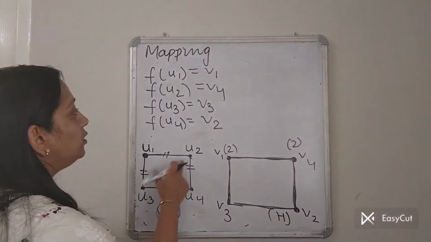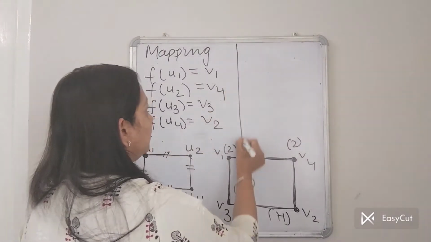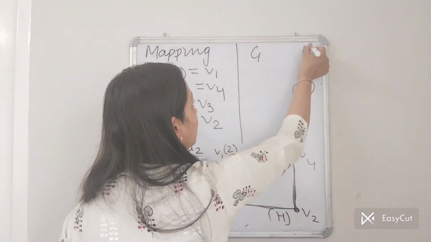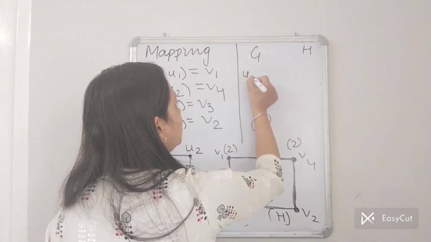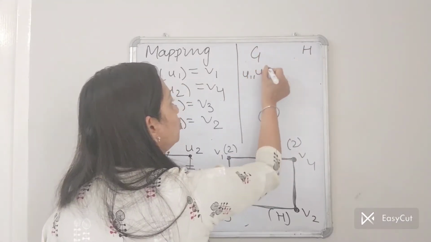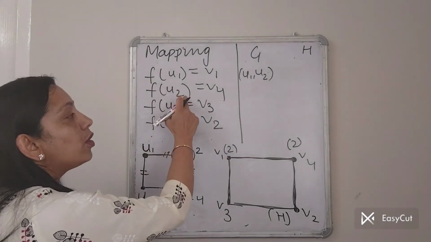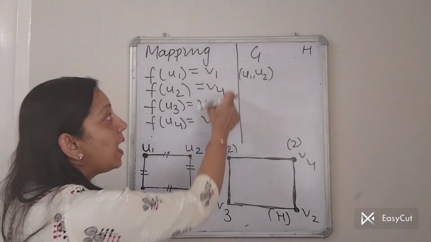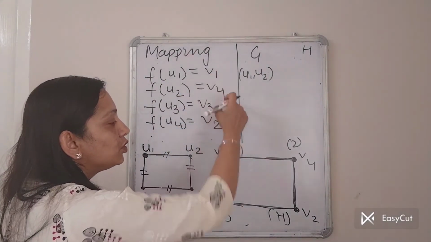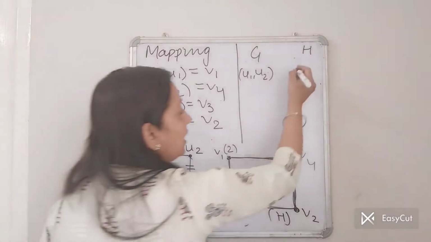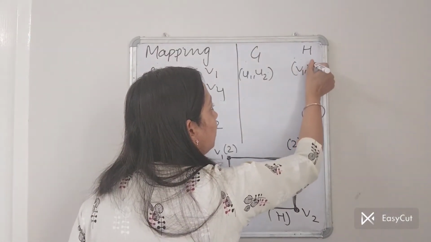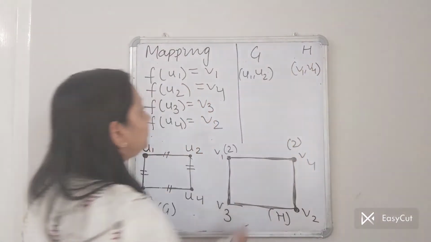Now here an edge between U1 and U2 exists in graph G. So that means if U1 and U2 correspond to V1 and V4, an edge between V1 and V4 must also exist. Yes, an edge between V1 and V4 is existing.